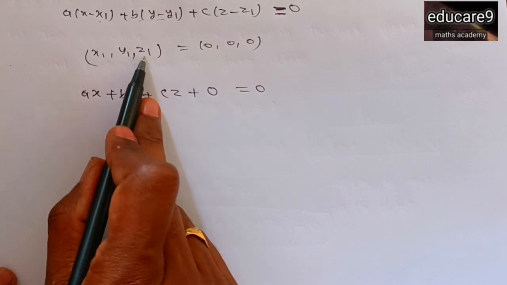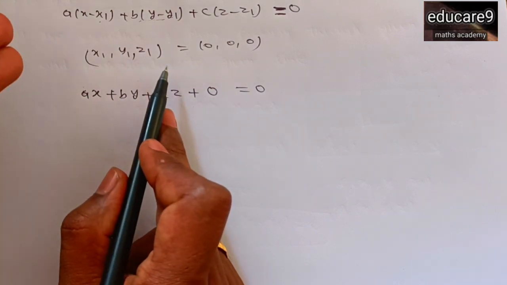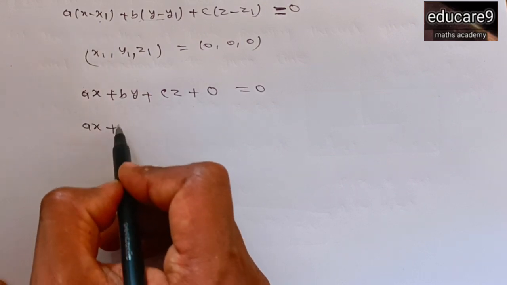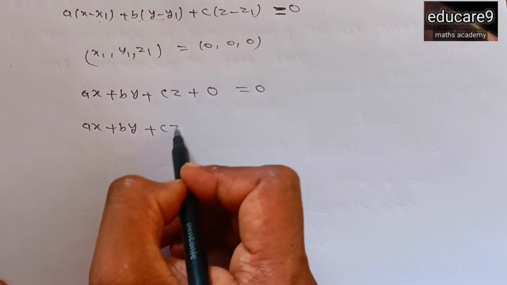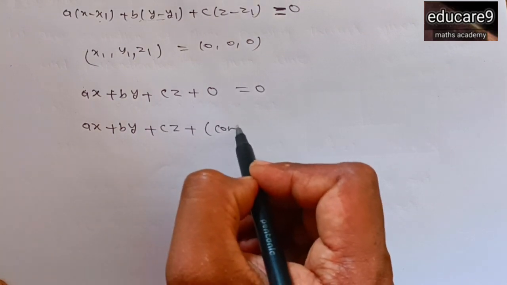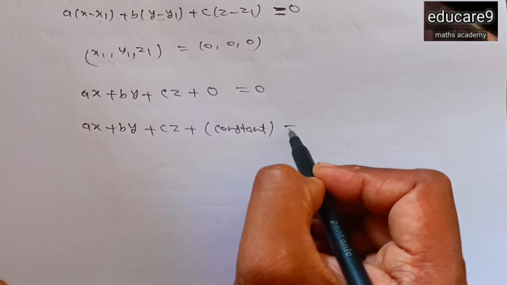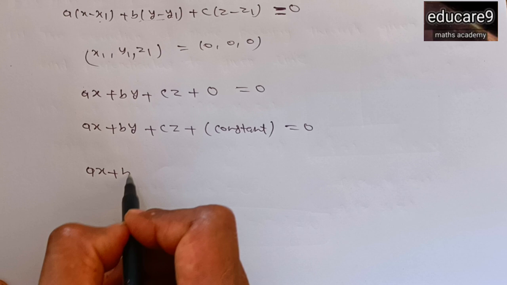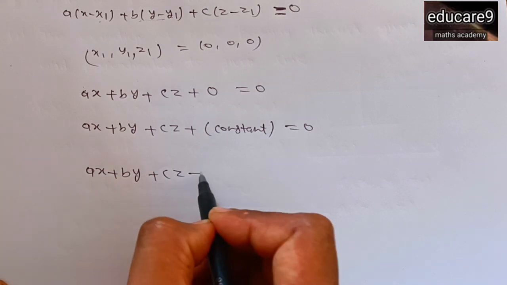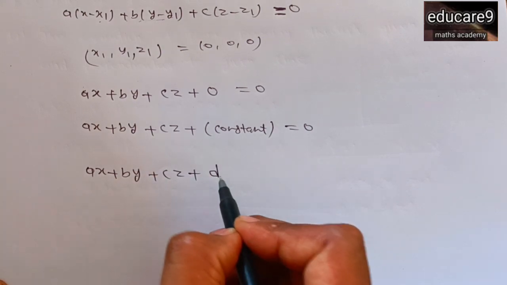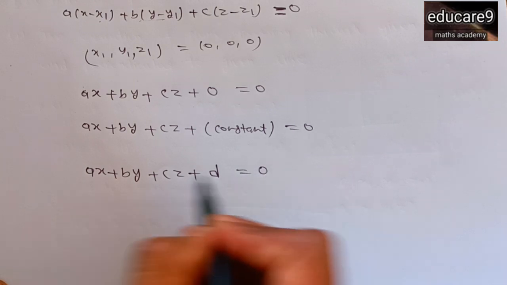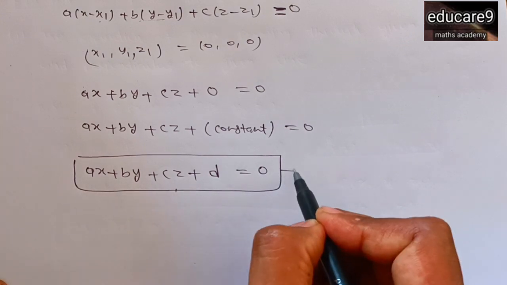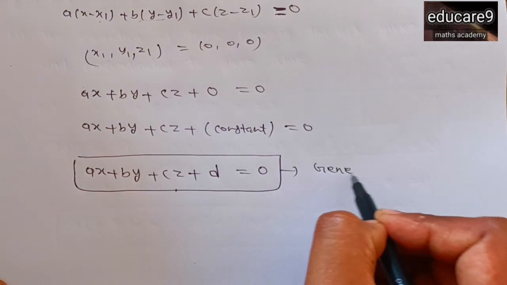If x1, y1, z1 is any other point, then the equation becomes a into x plus b into y plus c into z plus some constant equals 0. We can write ax plus by plus cz plus d equals 0, where the constant is d.